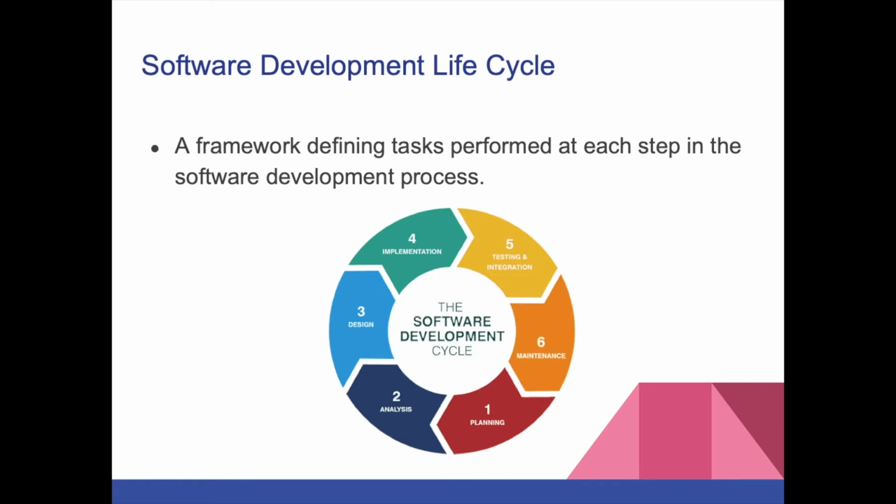Now, the SDLC almost always starts with a planning phase. During the planning phase, there's someone responsible for determining what the software development team is going to work on. Usually, this person is the overall owner of the software project and typically has a title like product manager.